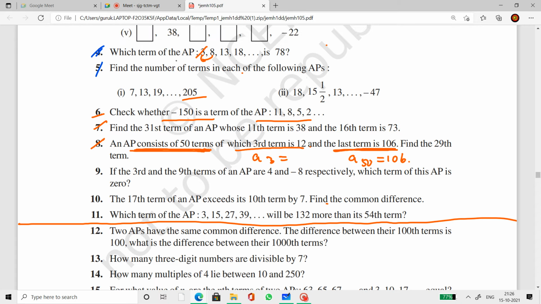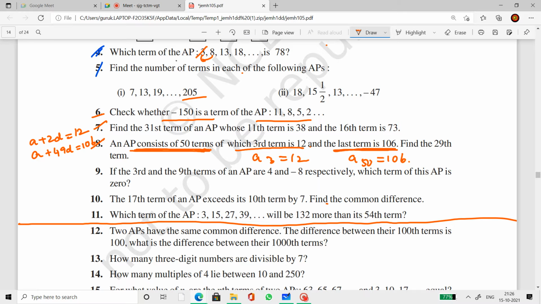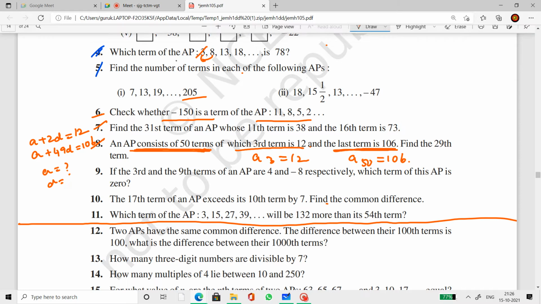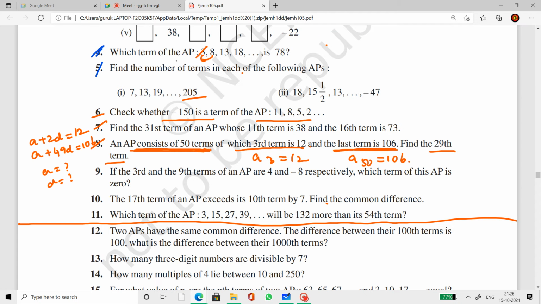So third term is 12, 50th term is 106. We get two linear equations. A plus 2D equals 12, equation 1. A plus 49D equals 106, equation 2. Solve and find the value of A and D, and then find the 29th term, which is A29. So that's 8th.